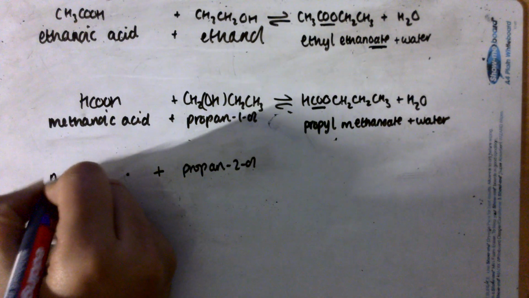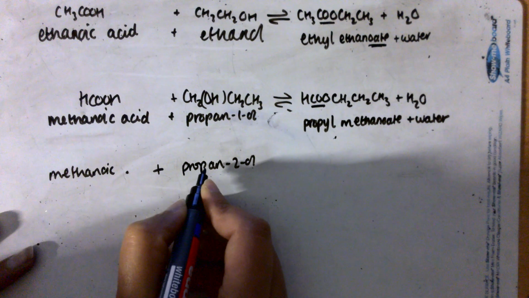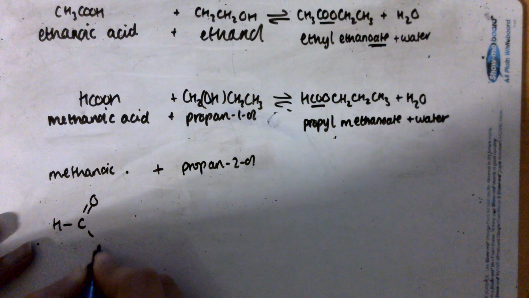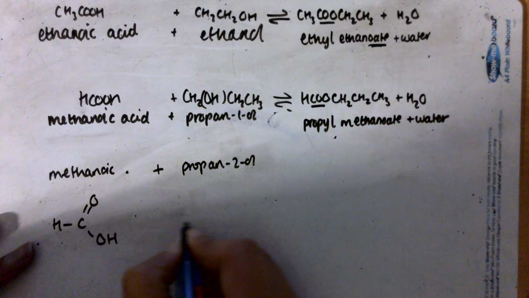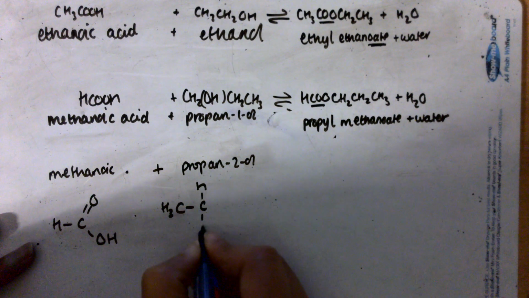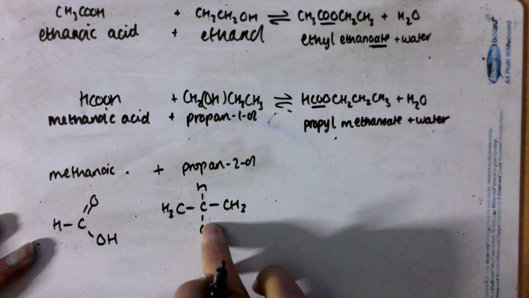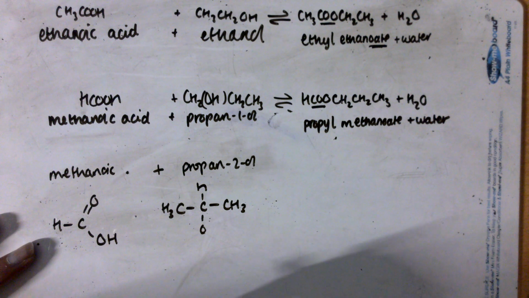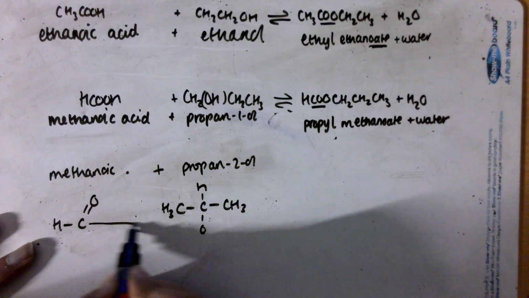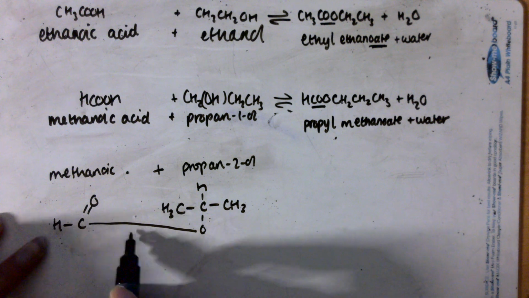Because imagine I had methanoic acid, but this time the OH is in the middle of the chain, and I have the propanol. I still lose the hydrogen from the alcohol, and I still lose the OH here. So I still form that bond, but my structure now looks a little bit different.